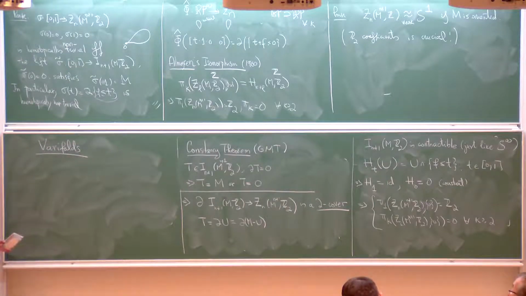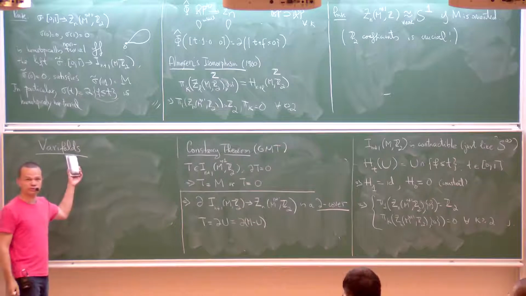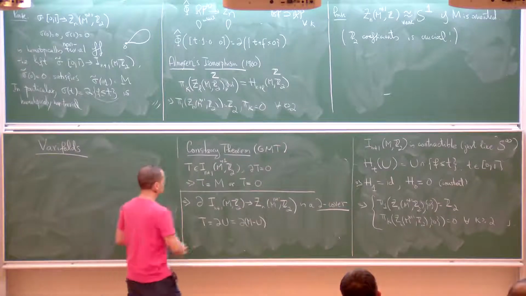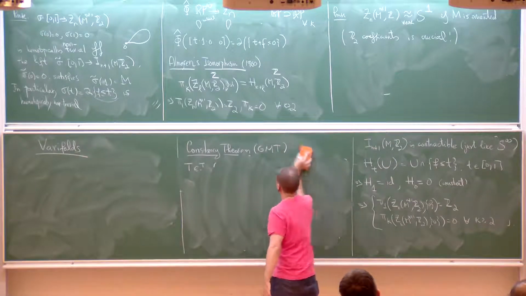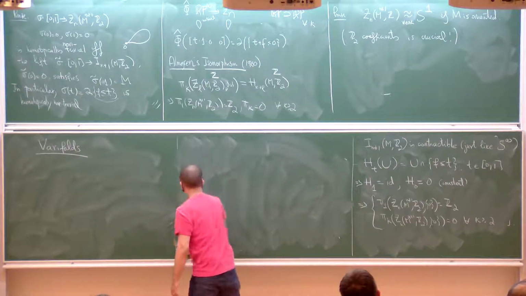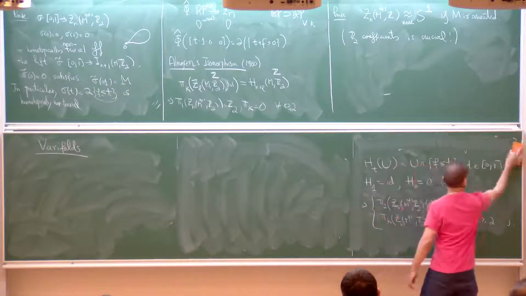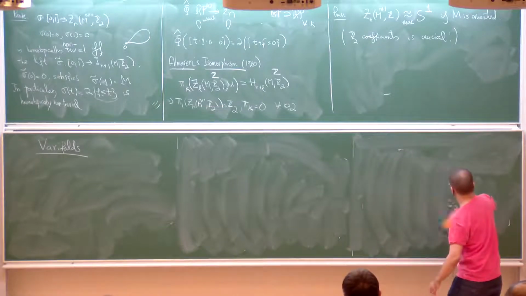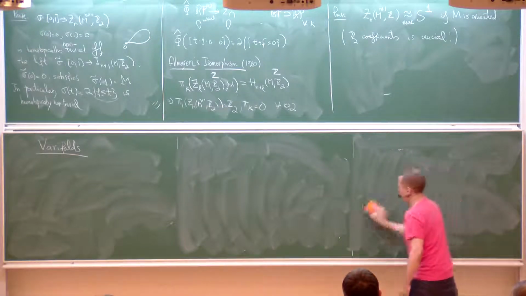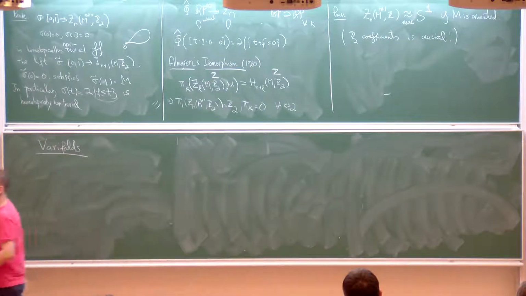So Almgren wrote this monograph in 1965 where he introduced this minimax theory, and in that monograph he introduced the notion of varifold in order to solve this problem. So maybe let me say a few things about varifolds. I hope we have enough time.